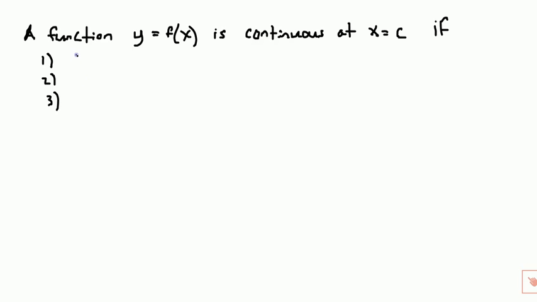The first one is easy. It's just that f of c exists. That means that the value of the function has to exist.